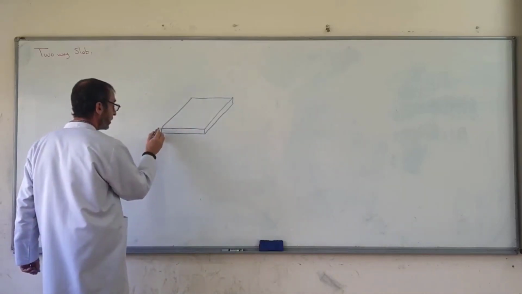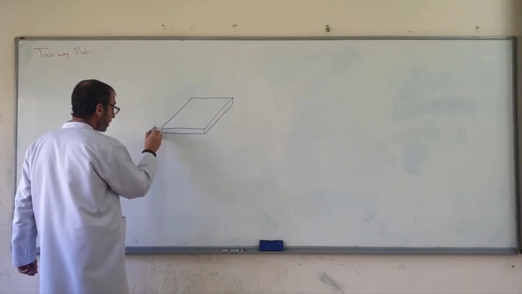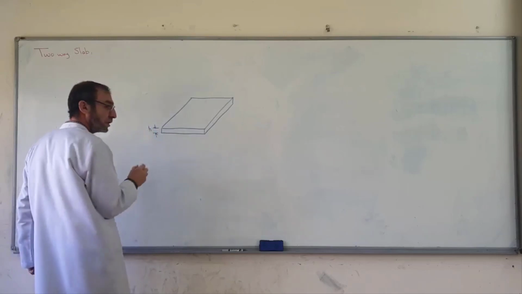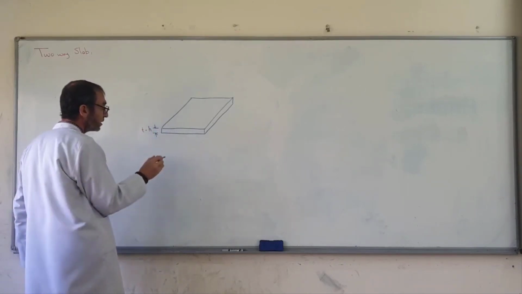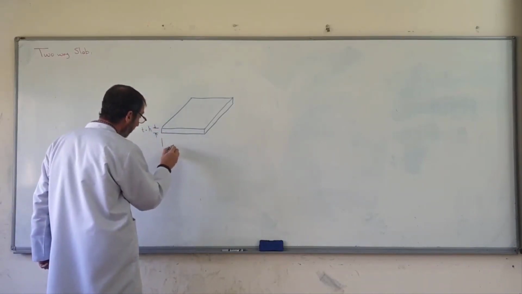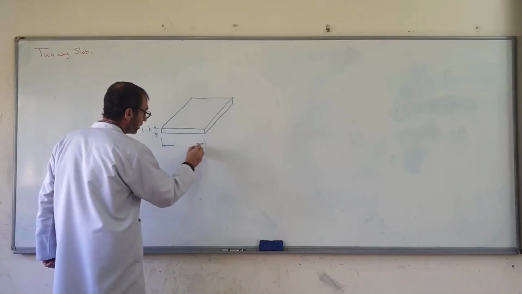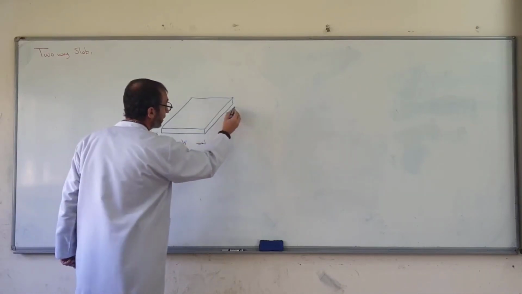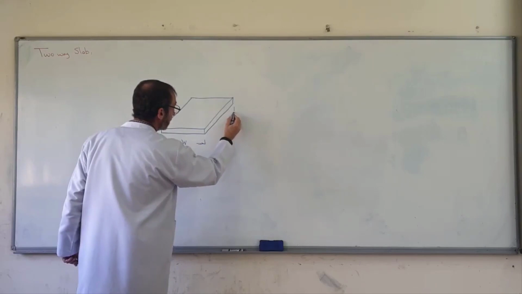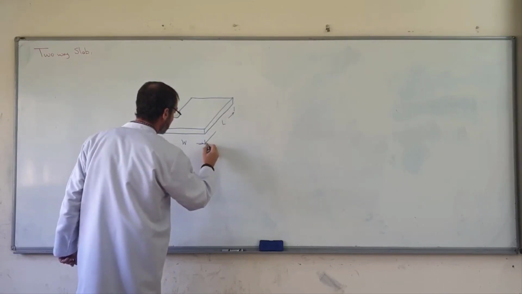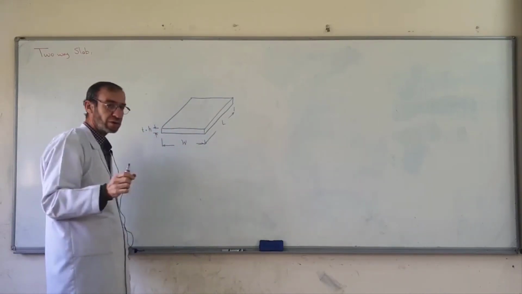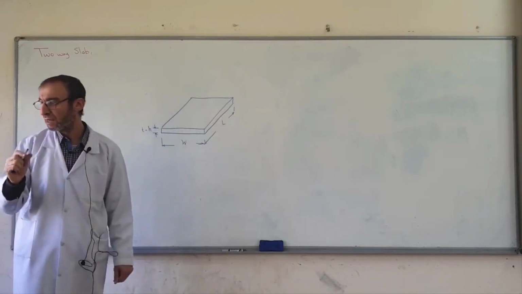Why is it a thin member? Since the thickness of the element, which we call T or sometimes H, is very small relative to the other dimensions. This is the dimension width, while the other dimension we call length. It's small, therefore we call it a thin element.